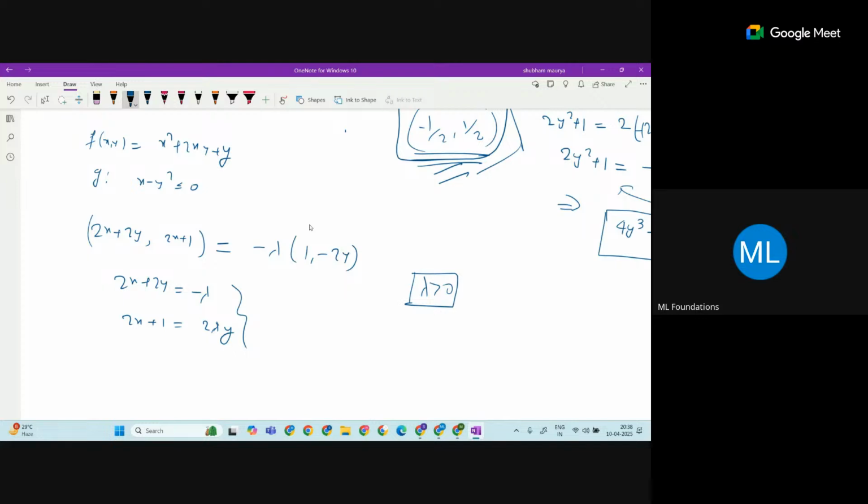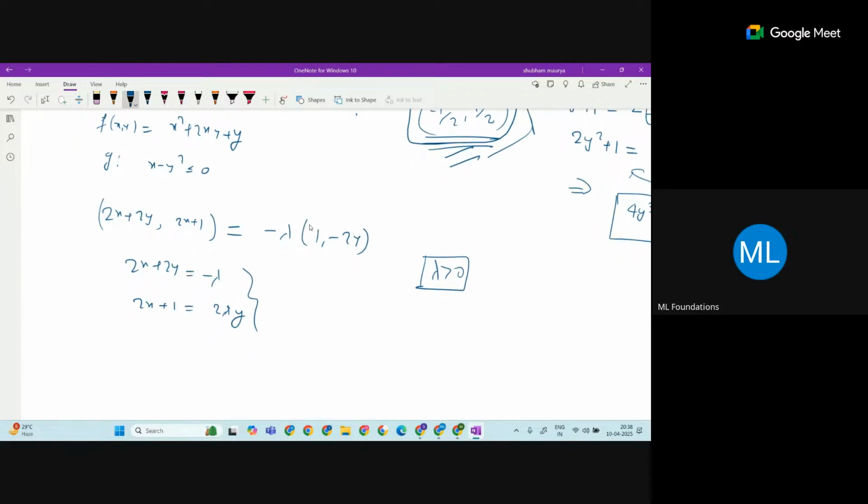By this way it is going to be tough, is it? Sir, I'm getting y equals 1 by 2. Can you tell me how you are solving it?